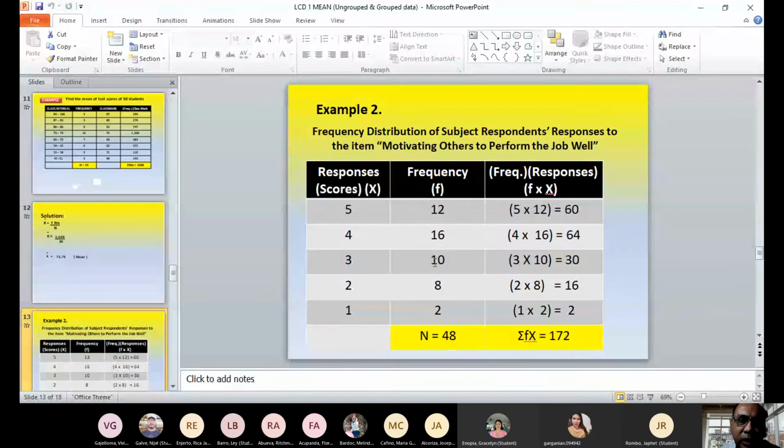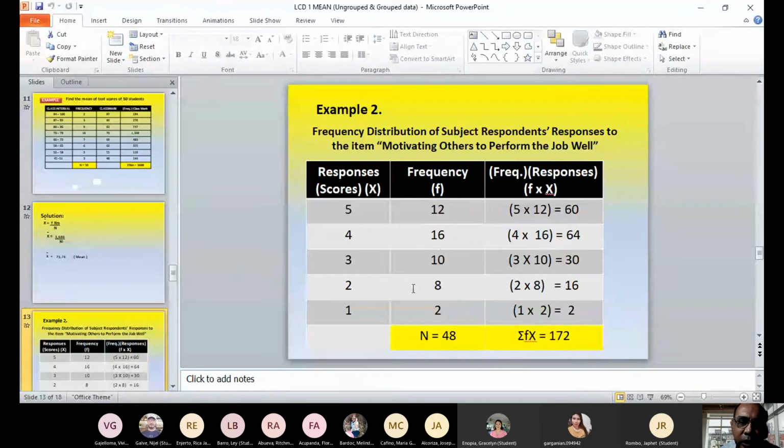Then only 10 answer by 3 or sometimes. Then 8 for the 2, meaning rarely. Then 1 is only 2 answers for the almost never.